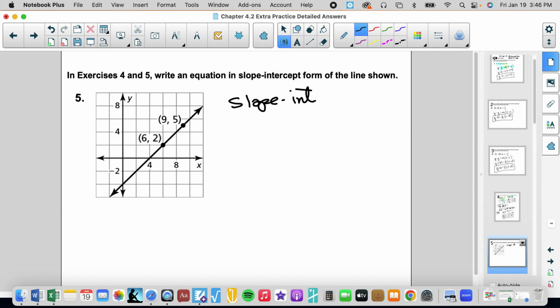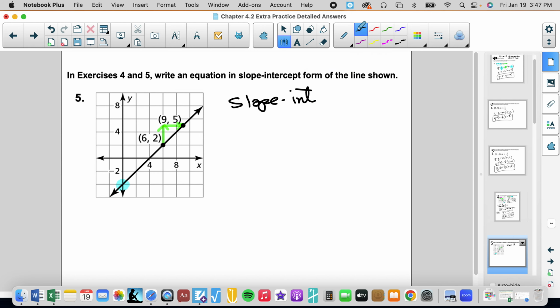So y-intercept, we can see what the y-intercept is. That is negative 4. How did I know it was negative 4 and not negative 3? Because take note of the increments. Each grid is 2 units. So I went down 2 units. That's negative 4. And then my slope is going to be up 3, right 3.